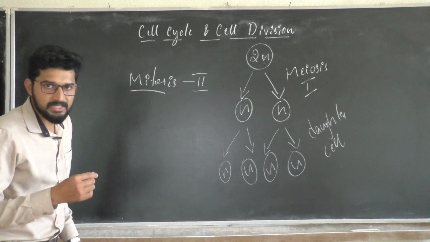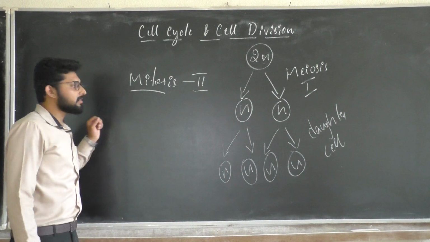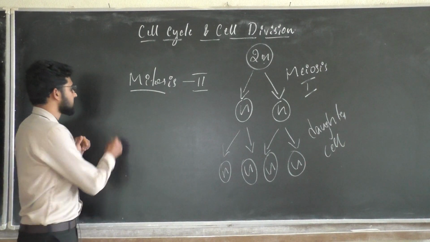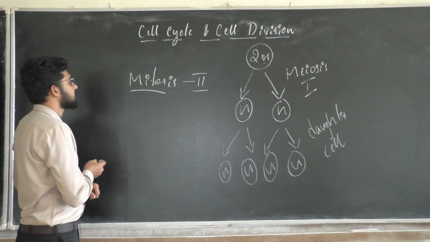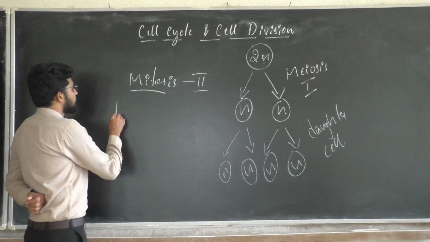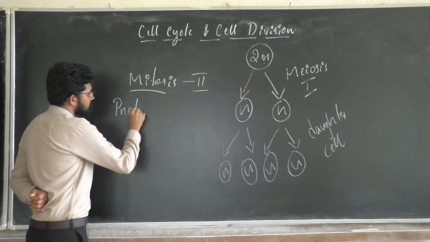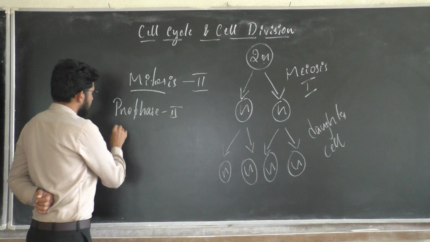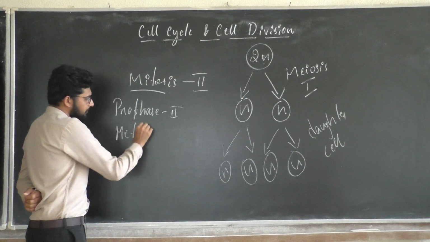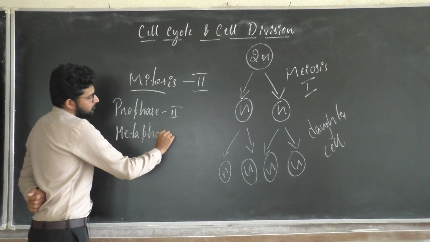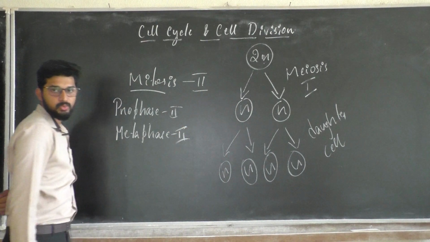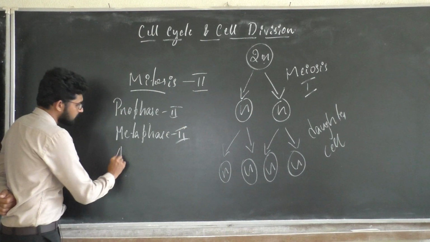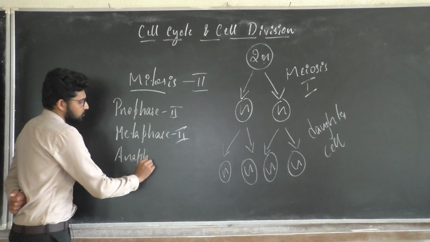What are those stages? In meiosis 2 you have 4 main stages: prophase 2, metaphase 2, anaphase 2, and telophase 2.